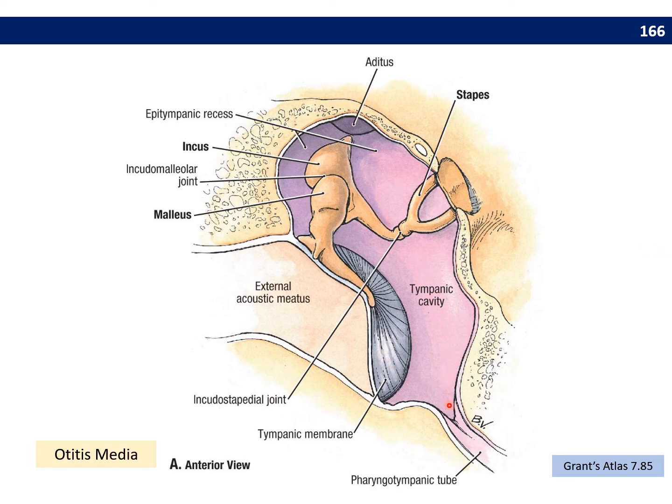When we talk about otitis media, we're really talking about an infection in this middle ear cavity, right? It makes sense. That media part is the middle ear. Oftentimes it is due to this.